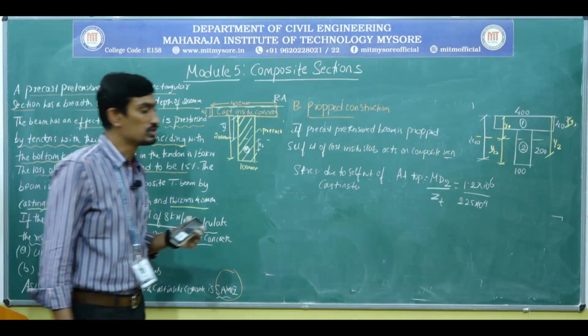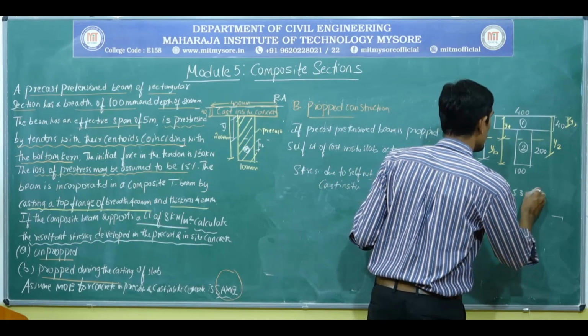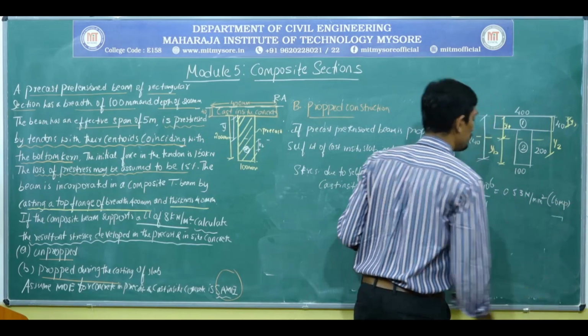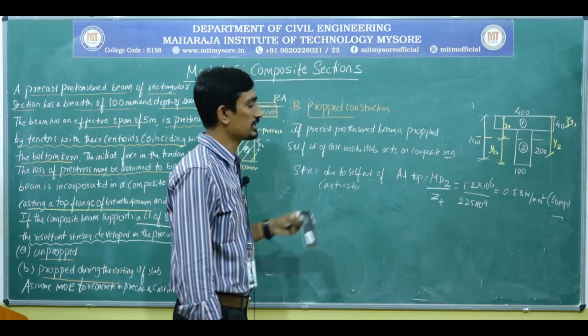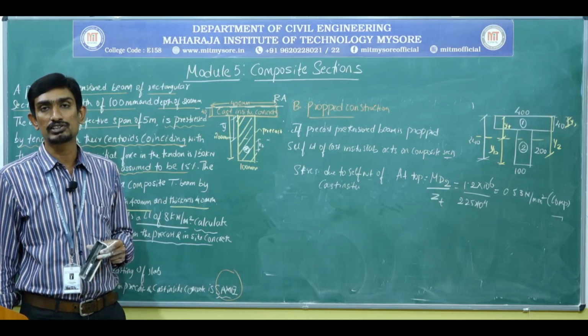The answer is 0.53 Newton per millimeter square, which is positive, indicating compression. Please note down, whatever stress has been calculated, plus indicates compression and minus indicates tension.